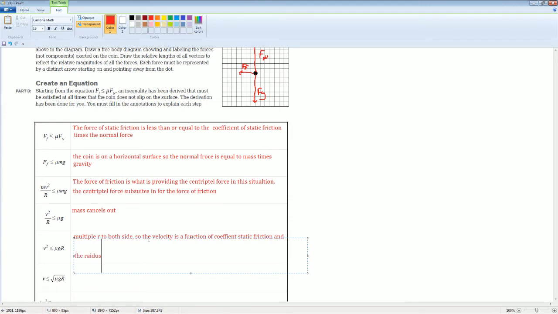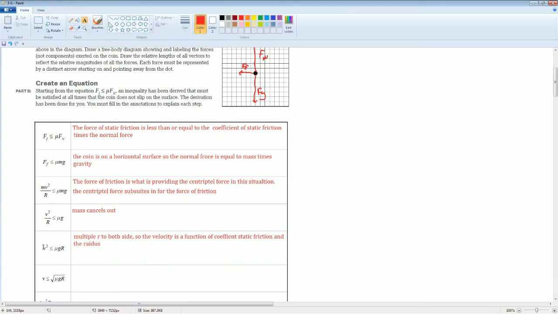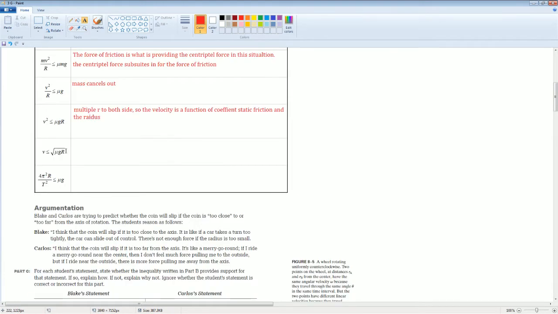Notice that v squared is all by itself, and the only things on the right hand side that can change are mu and the radius. That's why I said it's a function of the coefficient of static friction and the radius.